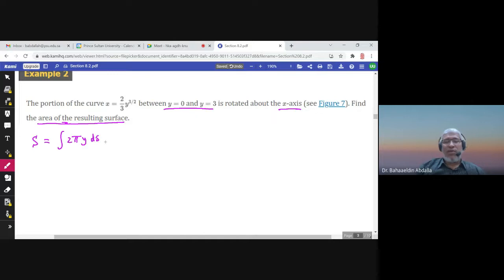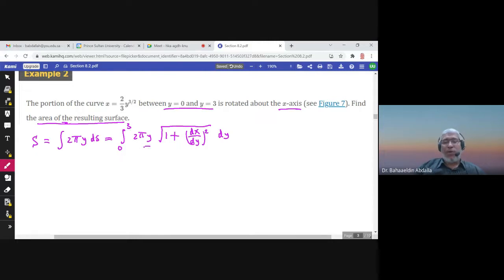But here the limits of y are given. So I will write ds in terms of y. I will use the integral in terms of y, and I write here from 0 to 3, 2 pi y, and ds is, by definition, if the integral is with respect to y, then I have square root of 1 plus (dx/dy) squared.